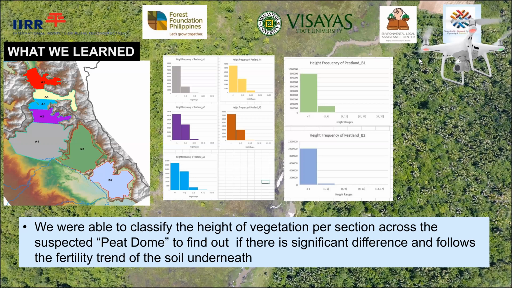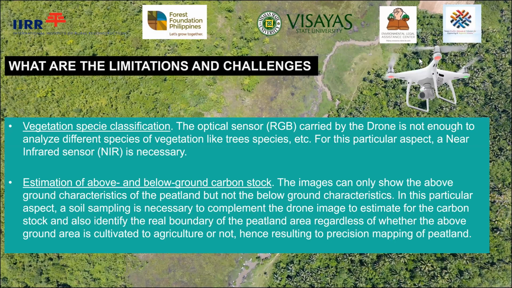But for the below ground carbon stock, the drone cannot do that. So we need to complement the drone data with a detailed soil survey. That's why the drone is not for below ground. We need another tool.